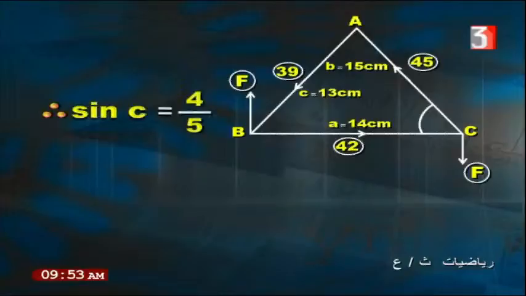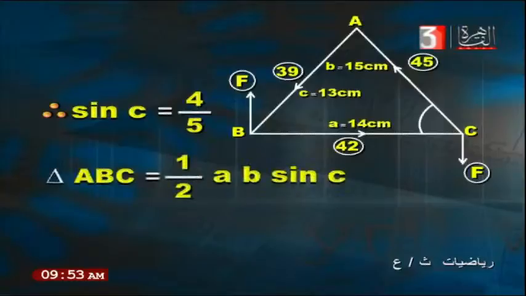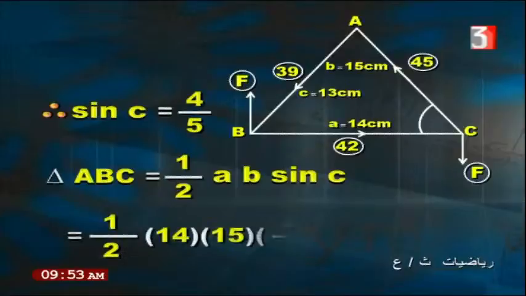Therefore, by using sine squared plus cosine squared equals 1, we find sine C equals 4 over 5. Area of triangle ABC is half AB times AC times sine C. Therefore, the area of triangle ABC equals 1 over 2 times 14 times 15 times 4 over 5.